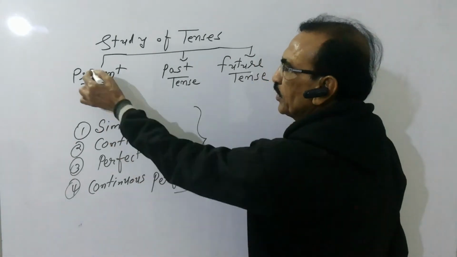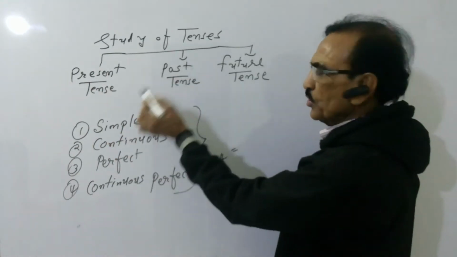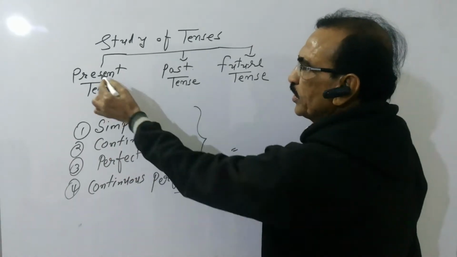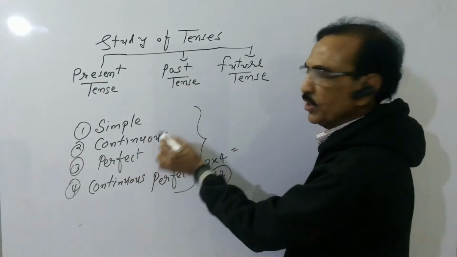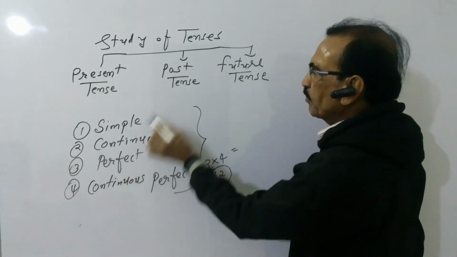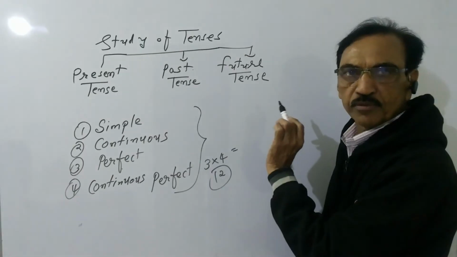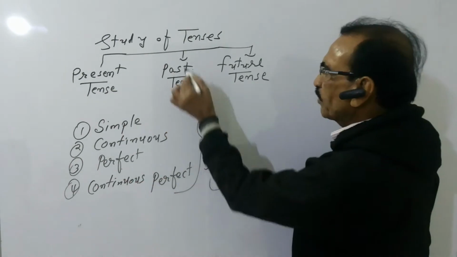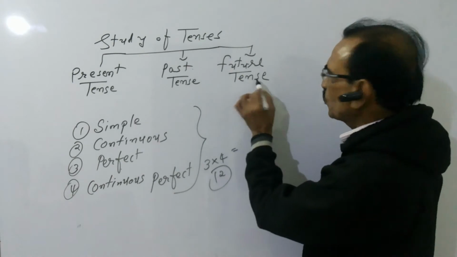We can say simple present tense, simple past tense, simple future tense. Continuous present tense, continuous past tense and continuous future tense. Perfect present tense, perfect past tense and perfect future tense. Continuous perfect present tense, continuous perfect past tense and continuous perfect future tense.